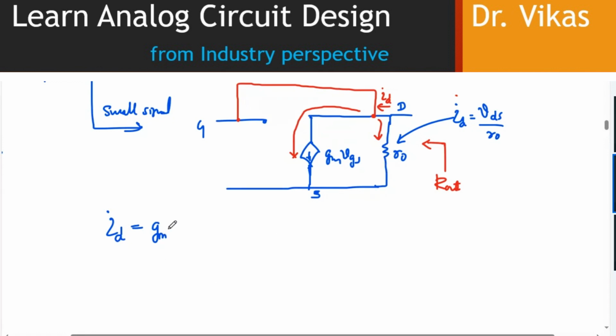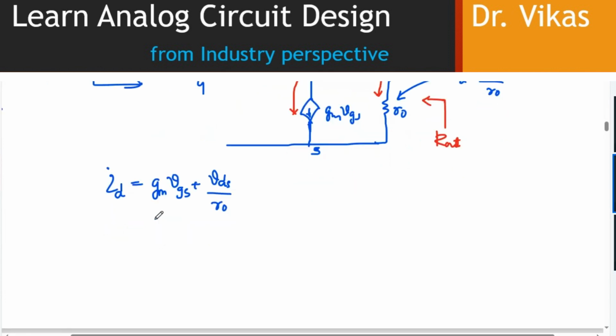So I can write this will be current entering the node, which is this ID, equal to current leaving the node: Gm times VGS plus VDS upon R naught.